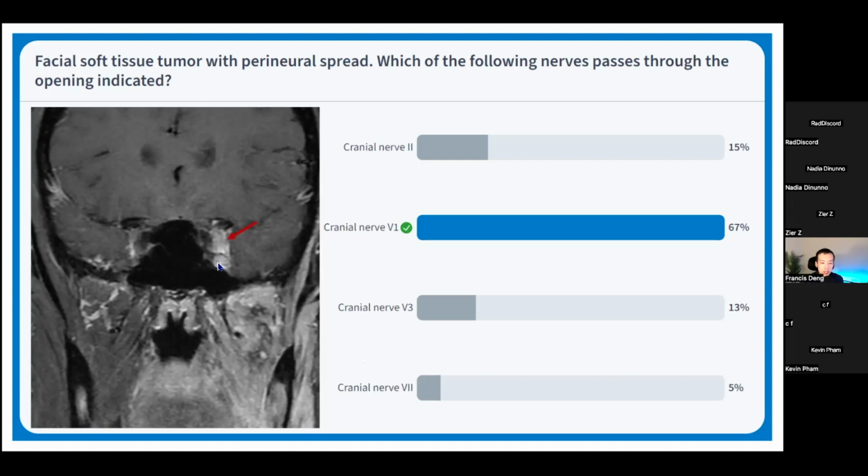Remember, I said that on a coronal image, you'll see foramen rotundum as a circle in cross section, and this is foramen rotundum. Vidian canal would be more inferomedial, and then the optic nerve, which carries cranial nerve 2, would be superomedial here in the optic canal. And so this is superior, right behind the superior orbital fissure, which carries V1, 3, 4, and 6.